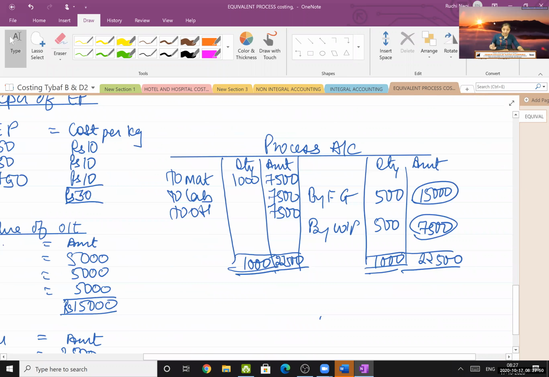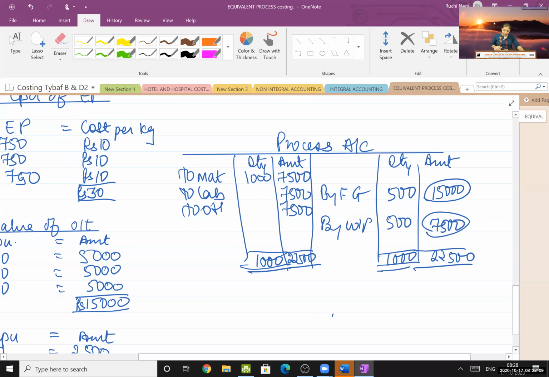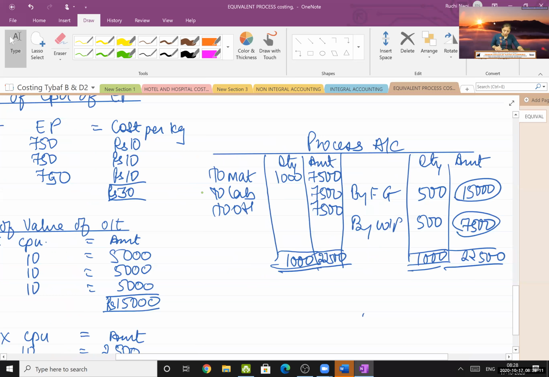Now, after step 3, we prepare a process account. Just make a note of this process account. Particulars, quantity, amount. Then debit all your expenses.